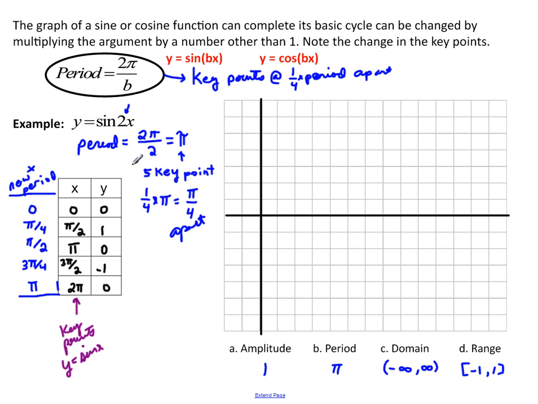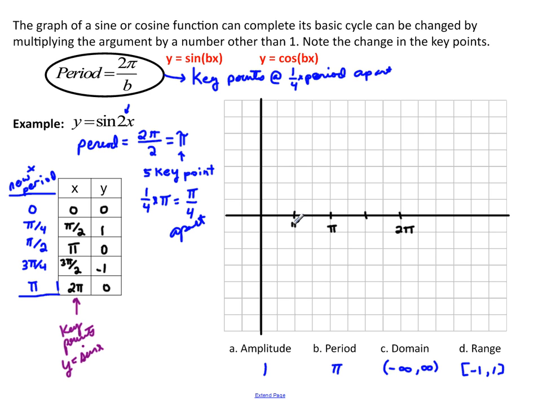So how do we work this out? Let's go to our key points along our axis right here. Before, one full period was completed within 2 pi units. Now they're going to be completed within pi units.